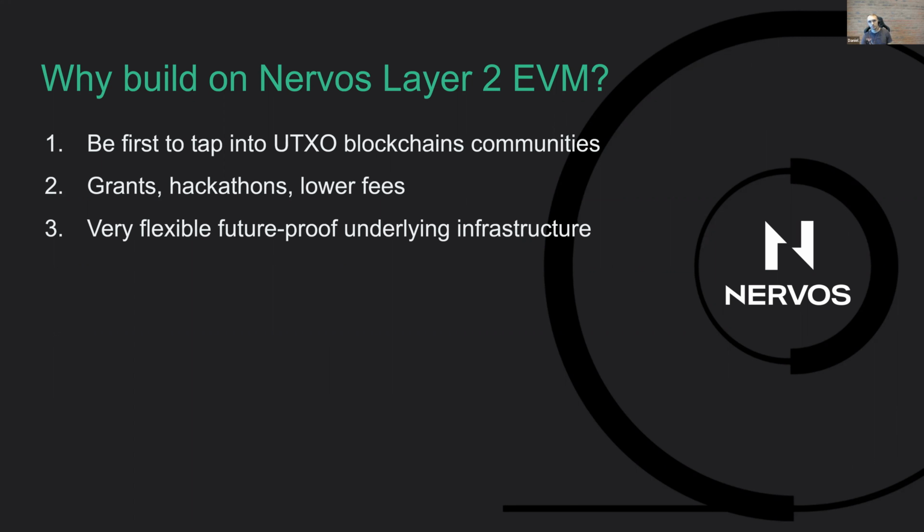But if you experiment with layer 2s, for example, one of the first optimistic rollups was Fuel. And what they did, basically, if you are building a layer 2, you can change the data model behind it and the execution model, as long as you can verify this in a smart contract later. So if you are building a layer 2, you can actually use UTXO. That's what Fuel did in their layer 2.